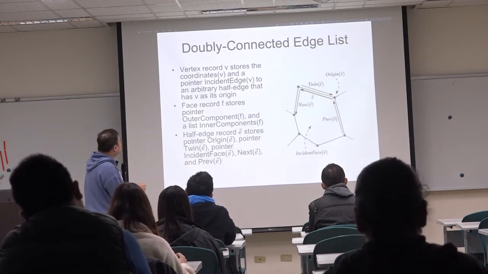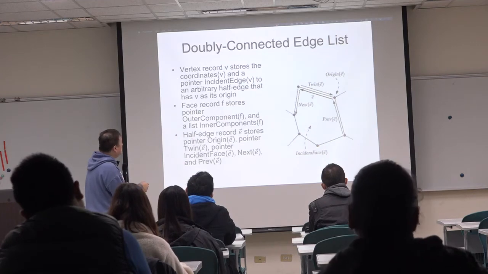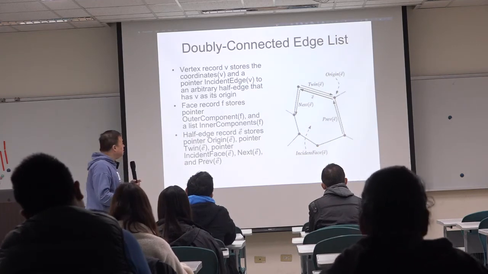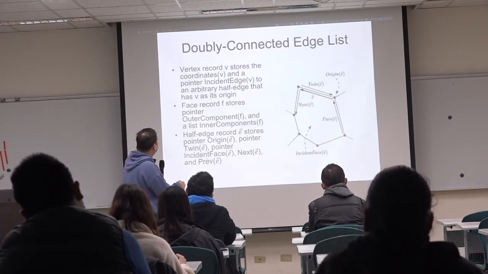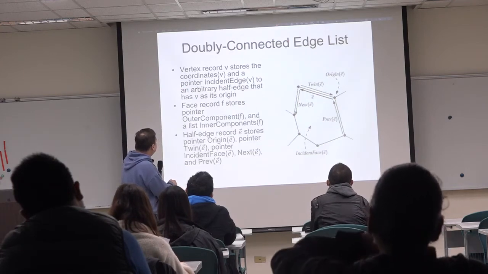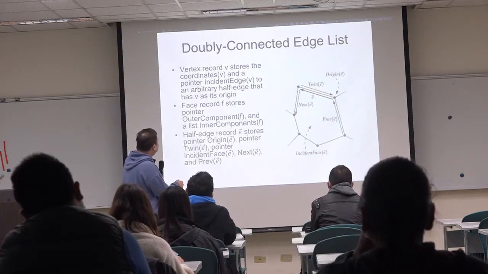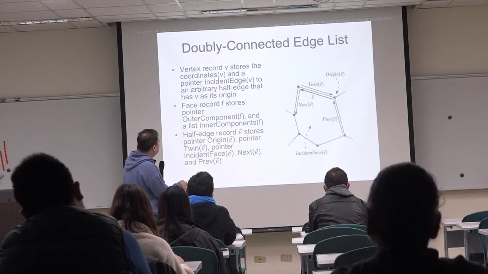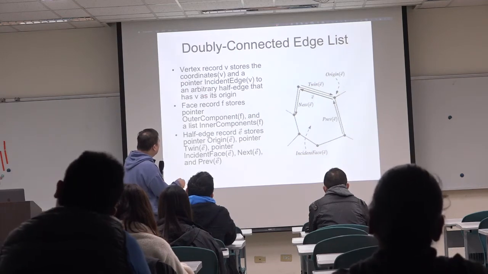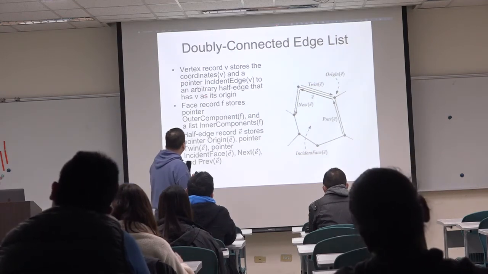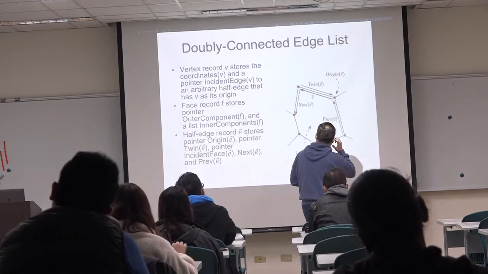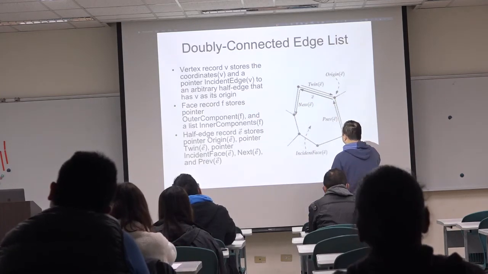It stores the coordinates of that vertex. Obviously, we need that, right? As well as a pointer. This pointer will point to IncidentEdge(V), an arbitrary half edge that has V as its origin. So, for example, say this is V.